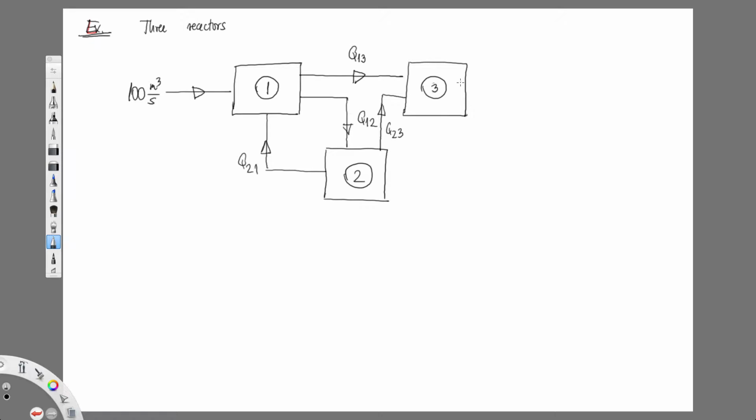And as far as number 3 goes, depending on what reactions I actually have happening, I have 2 batches coming from 1 and 2. And I also separately probably need some other fluid. I'm going to say that 20 meter cube per second is simply coming in to 3 to get in whatever chemical we needed. And then finally the output is coming out, and it's called Q33.